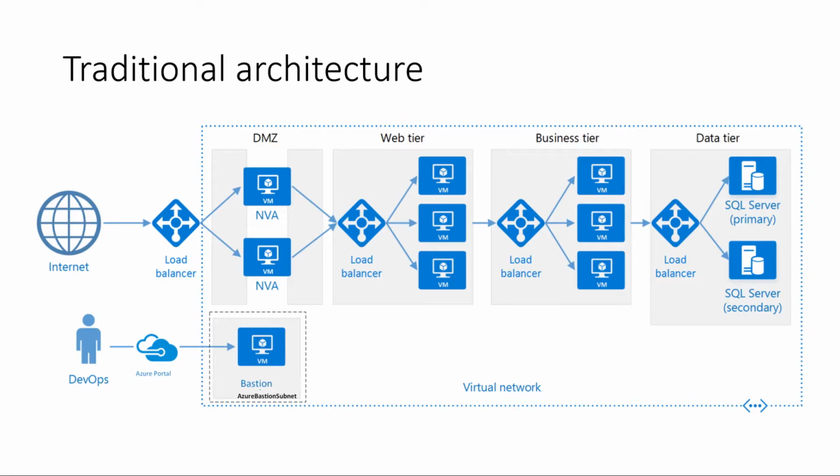Team structures have also evolved around this architecture. For example, one logical structure is to have the network team having a major stake in the DMZ and the NVA. We then have the server team looking after the web tier, and so on and so forth.